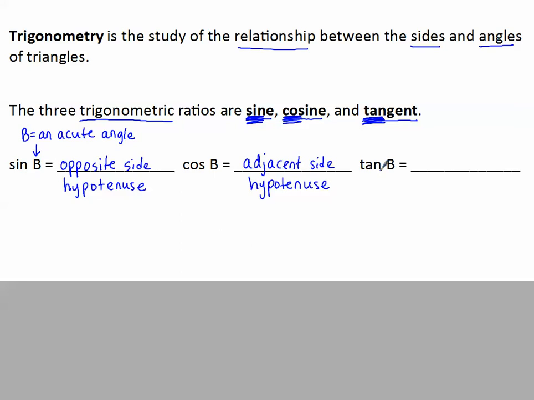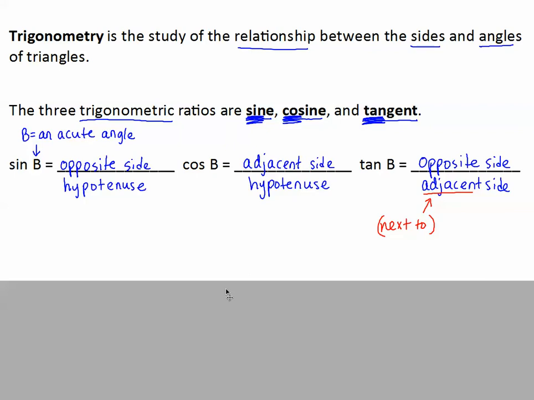The tangent of angle B is represented by the side opposite from angle B and the side adjacent to angle B. Remember that adjacent means next to. Adjacent means next to, touching.